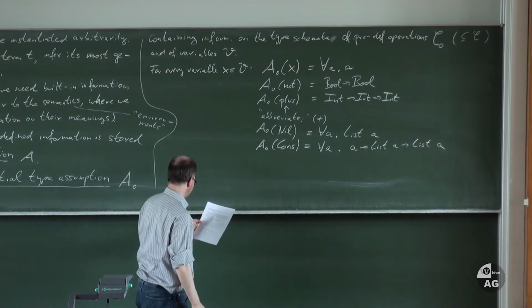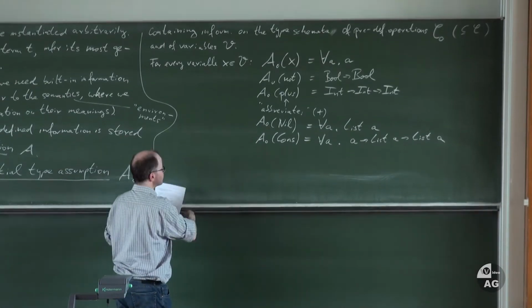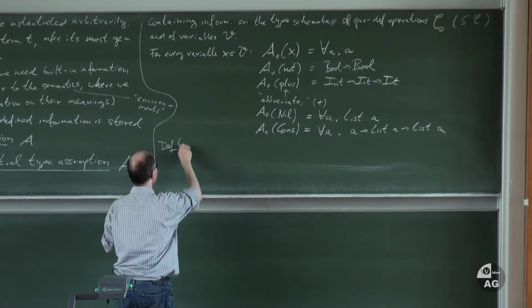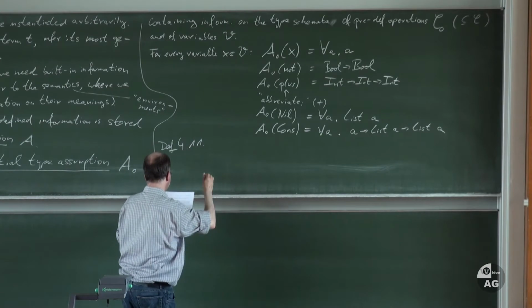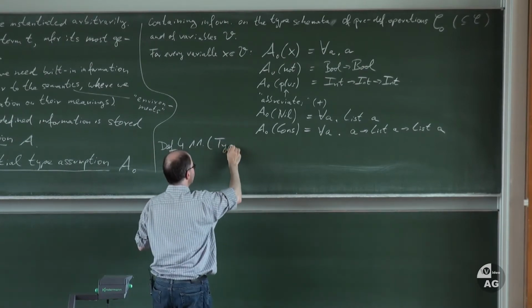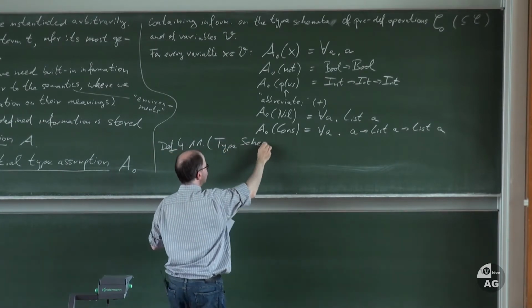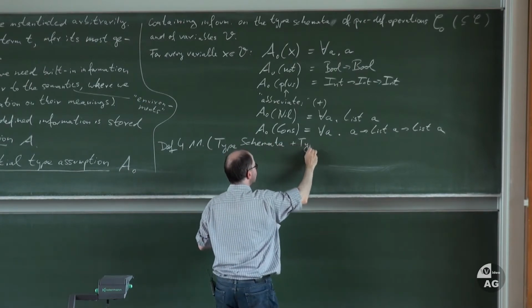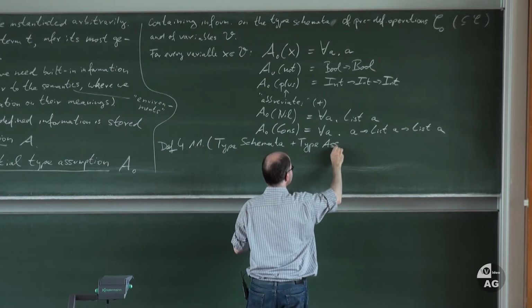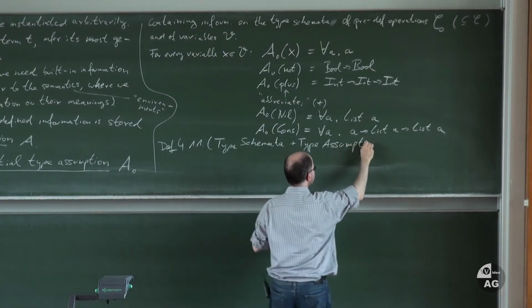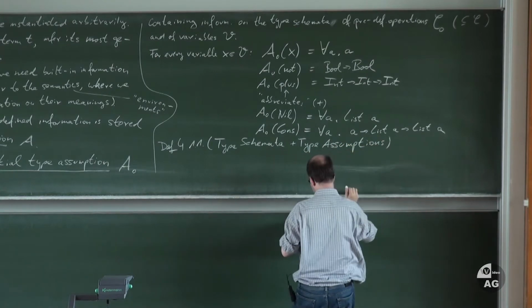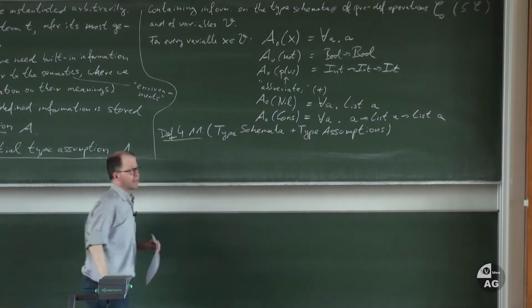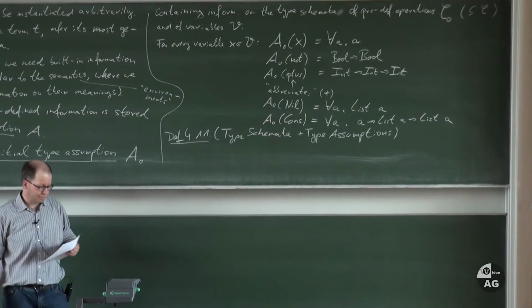So let's define this formally. This is the first definition, where we introduce type schemata and type assumptions formally. So let's define the grammar for type schemata.